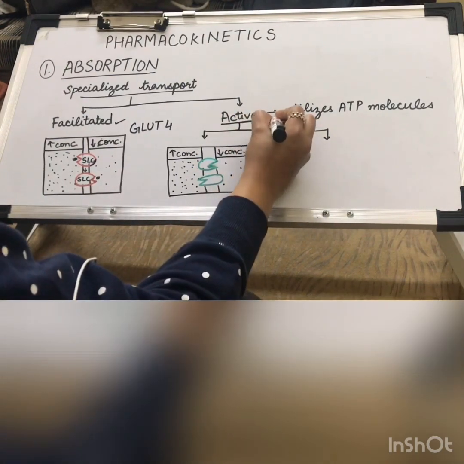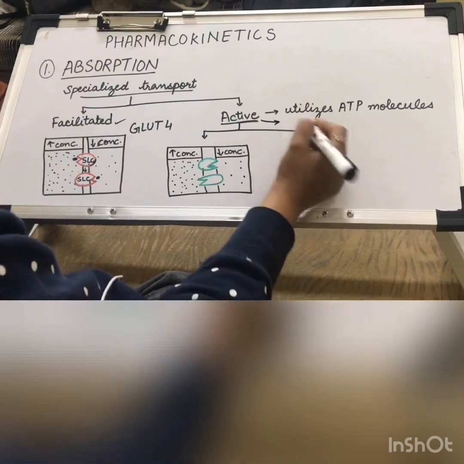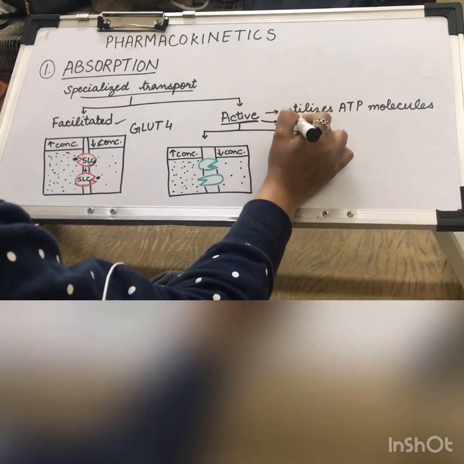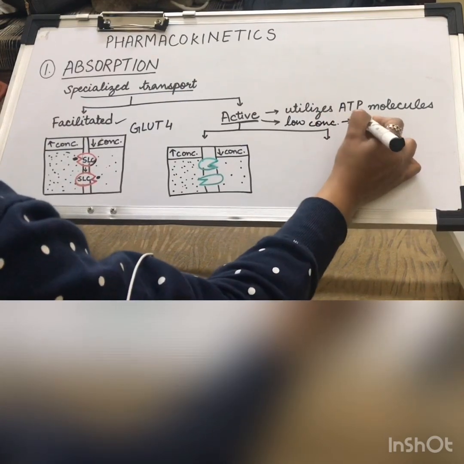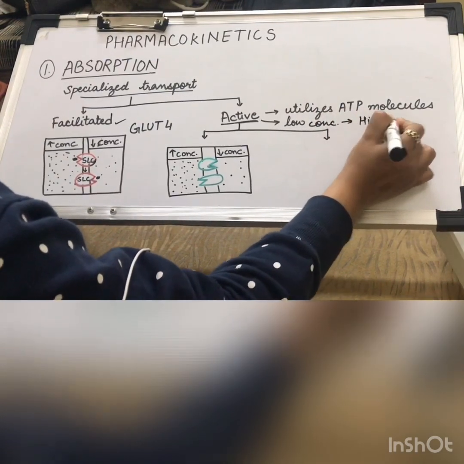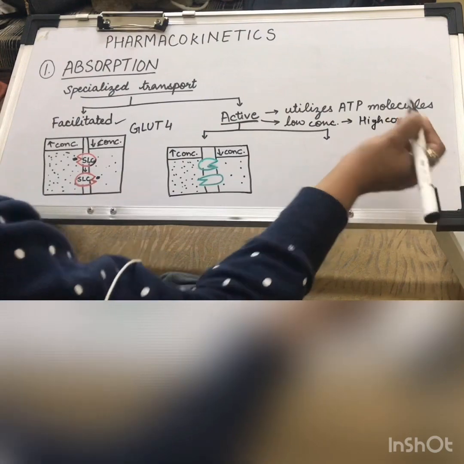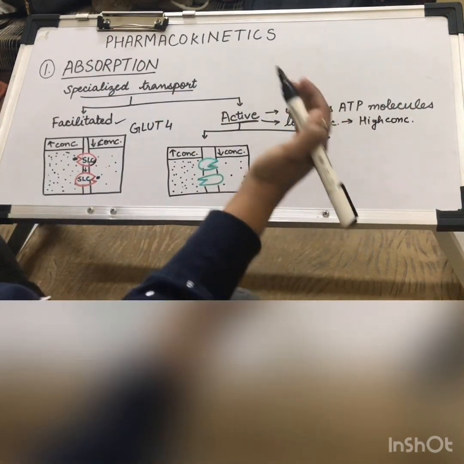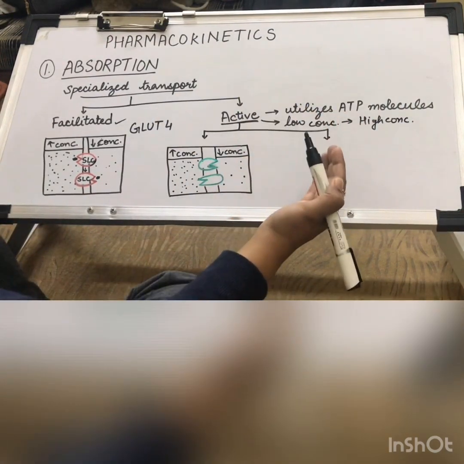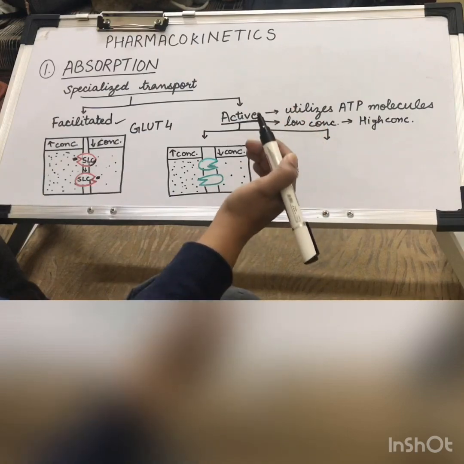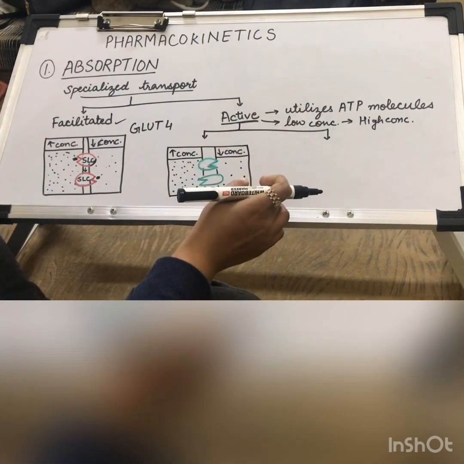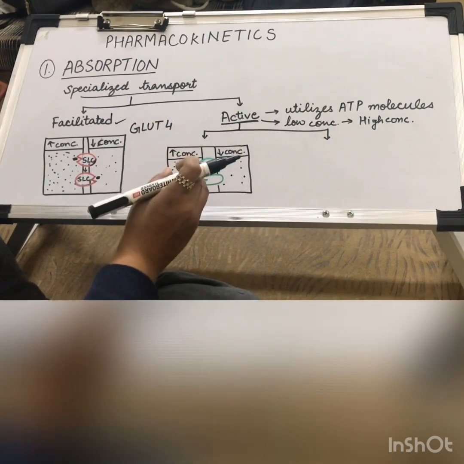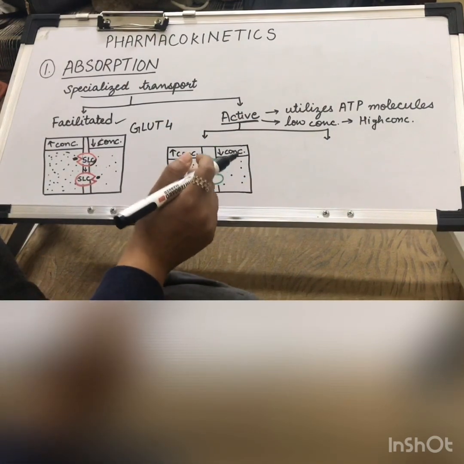And this transport is against the concentration gradient, that is from low concentration to high concentration. So it is working actively by using energy or ATP molecules, and these are transporting the substrate molecules from lower concentration to high concentration.